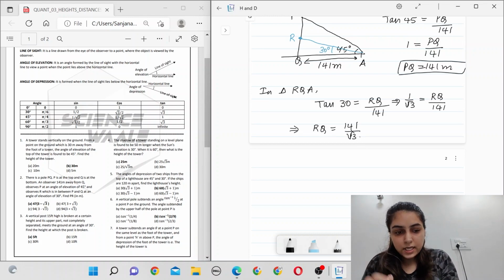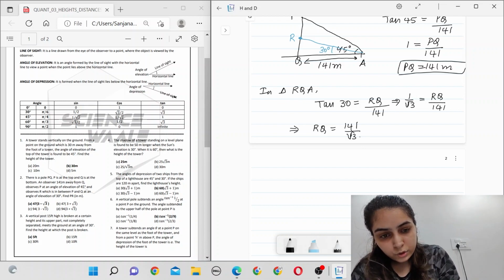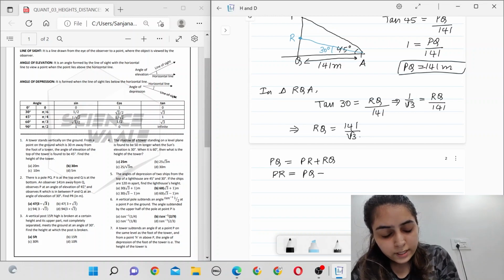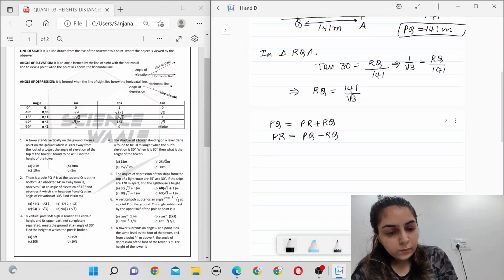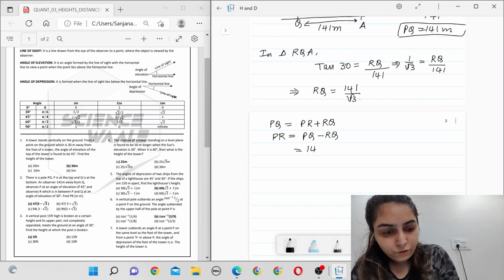What they have asked us is to find PR. So we know that PQ is equal to PR plus RQ. Now that implies PR is equal to PQ minus RQ. We know the value of PQ, which is 141, minus RQ, which is 141 by root 3.